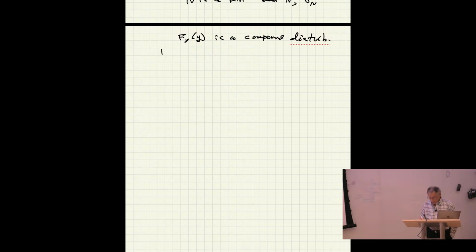I want to find the Laplace transform of this variable y. And by definition, what is that? That's the expected value of e to the minus sy, whose inverse transform is basically f sub y of y.